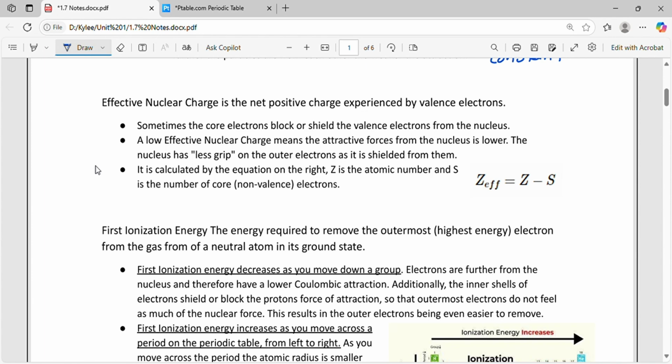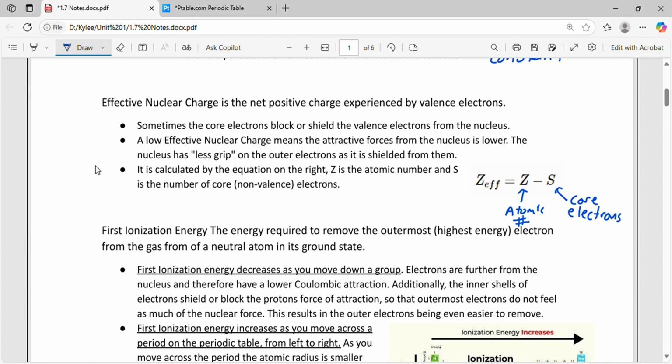And this is a little equation that you can use to calculate it. You can take the atomic number, which is Z, and you're going to subtract out S, which I call the core electrons. Core electrons are going to be anyone that are not valence electrons.